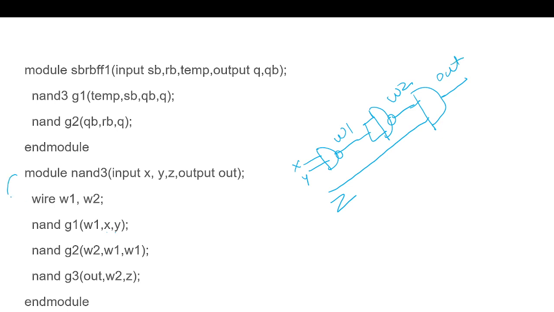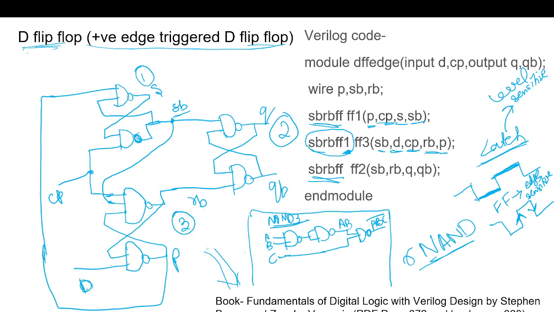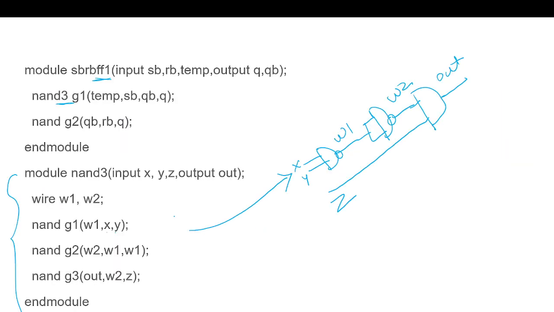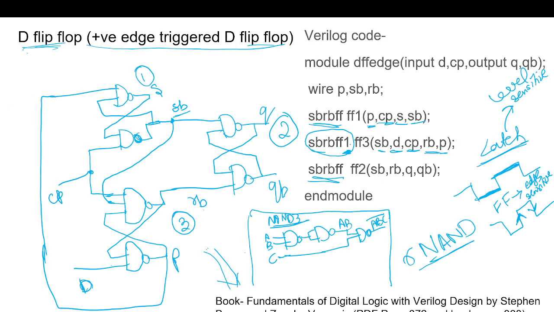So this is my 3 input NAND gate implementation. In the circuit, here I have one 3 input NAND, where I need one SB, clock and this QP. So I have to pass SB, QB and Q, then temp, and then SB, RB, Q. This is the module I have implemented and I will instantiate it here.